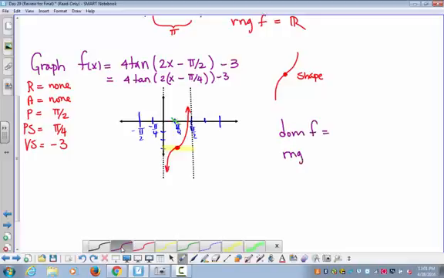Domain and range. The domain of any trig function wants to be all reals, but you gotta throw your asymptotes out. So it wants to be all reals, but those pesky asymptotes have to be thrown away. Where's our first asymptote? Right at 0, or we could say pi over 2, either one.